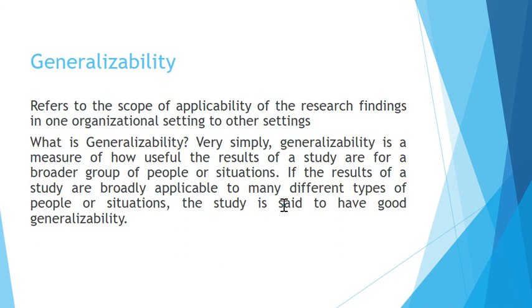Now, there could be a wider generalizability and there could be a limited generalizability. Class, basically generalizability means, if 10 to 15 people think in a particular manner, can I say that 100 people could think in the same manner?